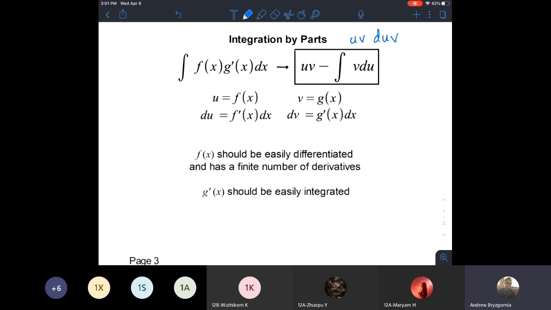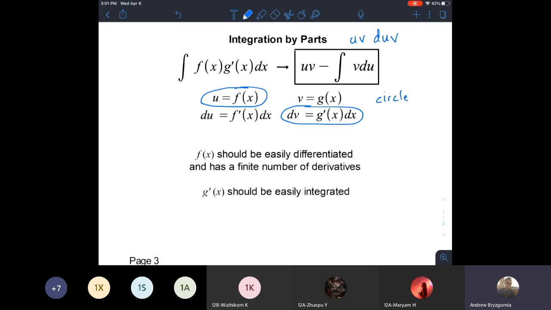So anyway, what's going to happen is that we have an integral of two functions multiplied together, just like the last example was x sine of x. So we have f of x and g prime. Instead of just a u substitution, we are also going to do a v substitution. Specifically, you're going to let u be equal to f of x, and you're going to let dv be equal to g prime of x dx.